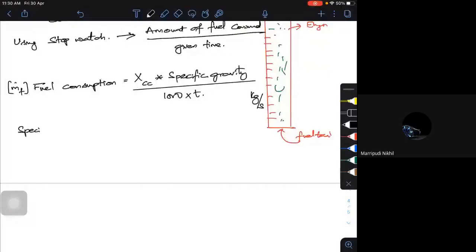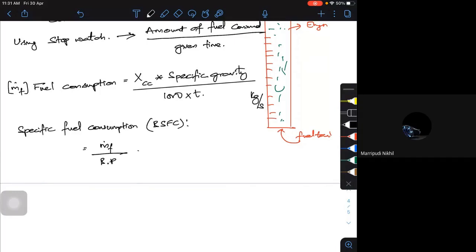There is one more thing called specific fuel consumption. This is based on brake power, called BSFC, brake specific fuel consumption. It is the ratio of the mass of fuel consumed, that is m dot f, divided by the power that is produced.